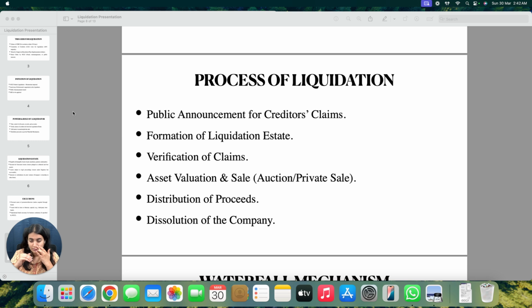So the liquidator basically facilitates the stakeholder committee to arrive at a decision in order to maximize their realization from the assets.